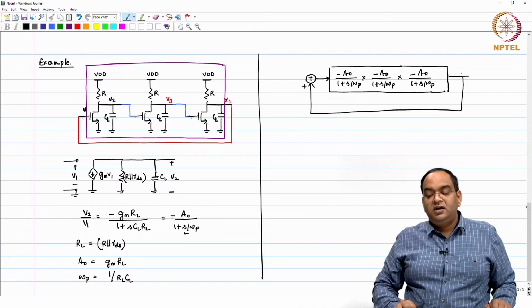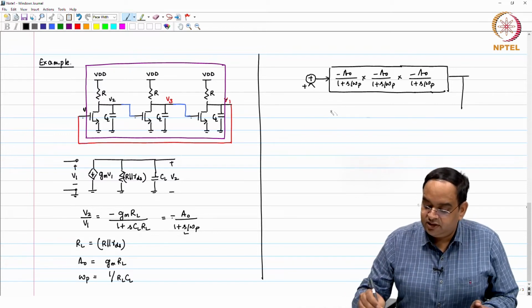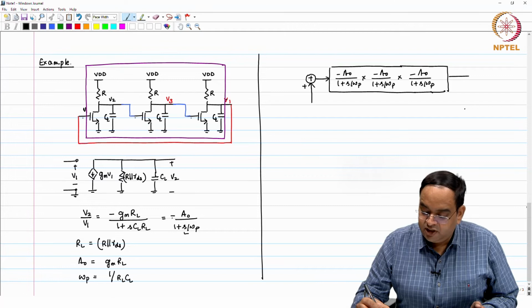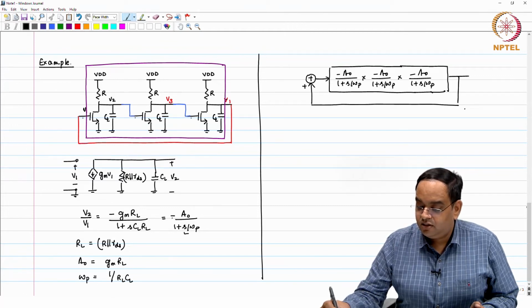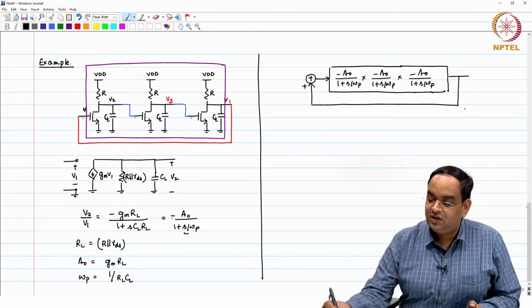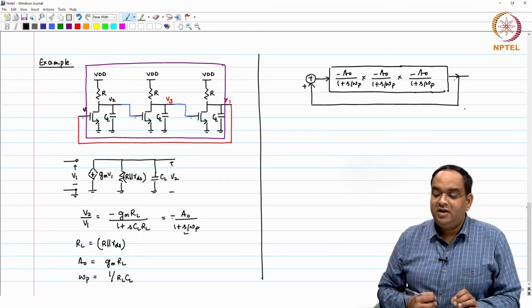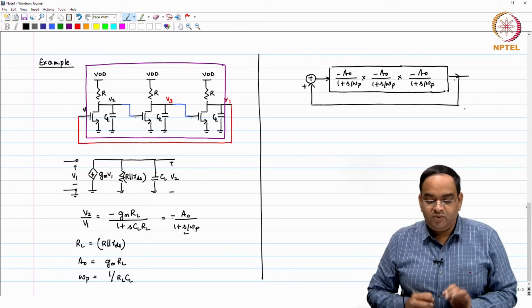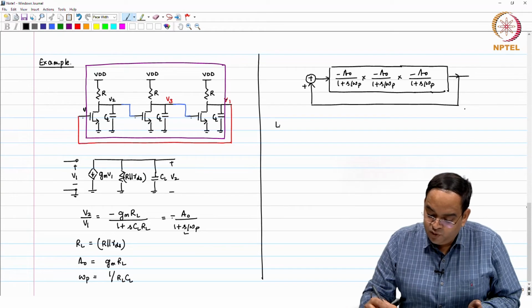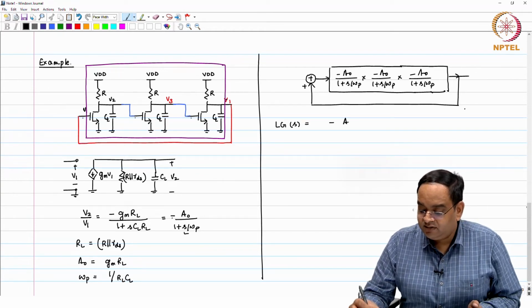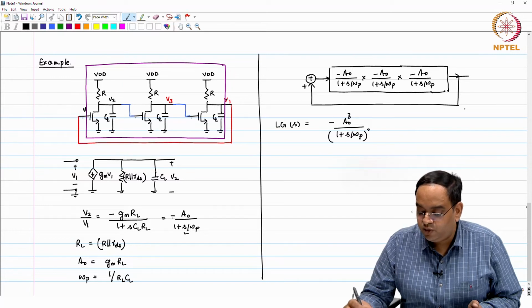Okay. Now, for this particular system, let me just draw it a little nicely, like this, right. We could have picked any particular point, but this is what we are looking at. So, here the loop gain of this system is minus A naught cube divided by 1 plus s by omega p whole cube.